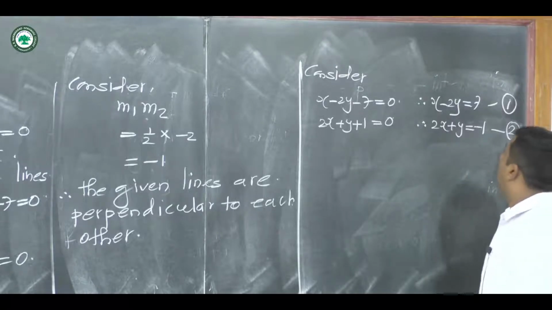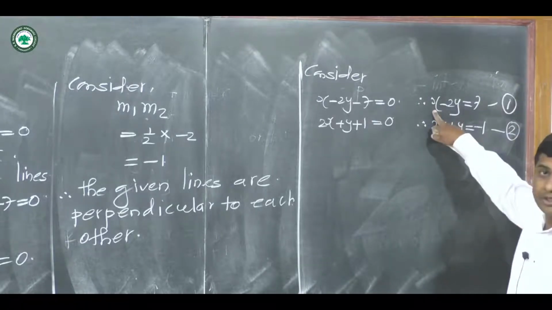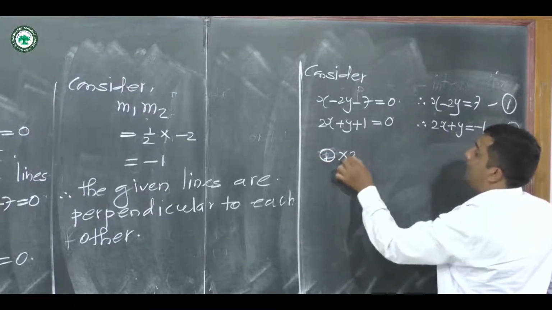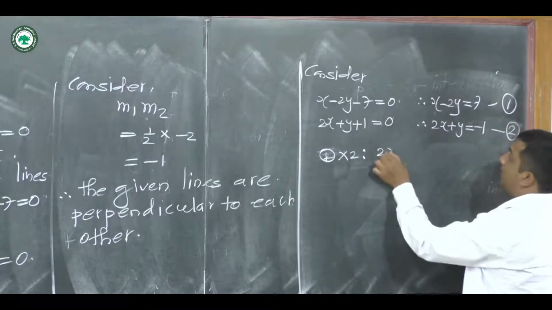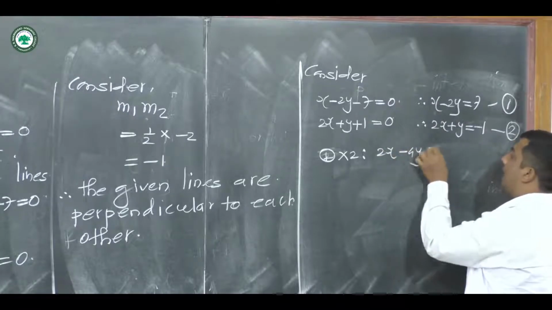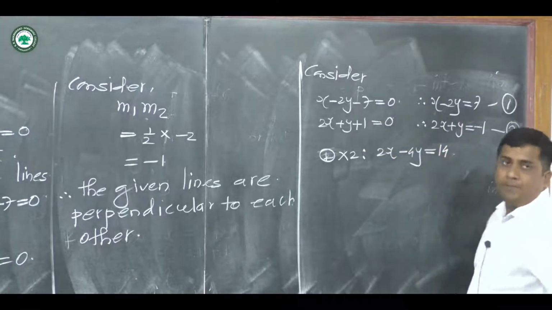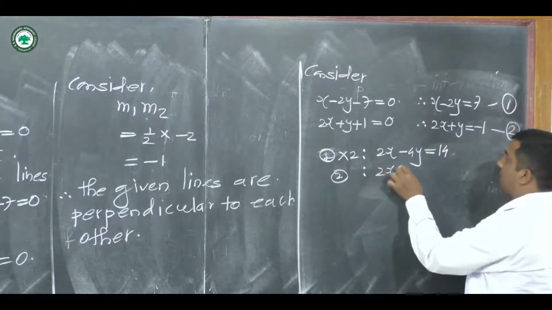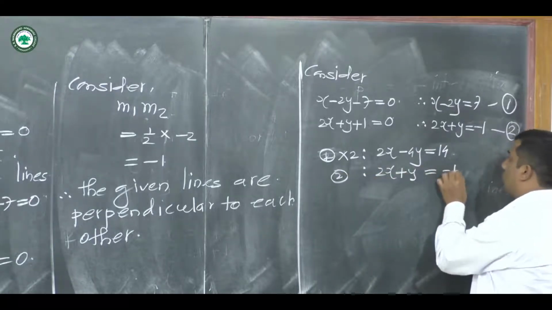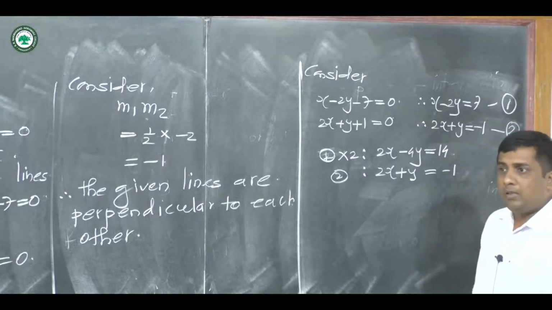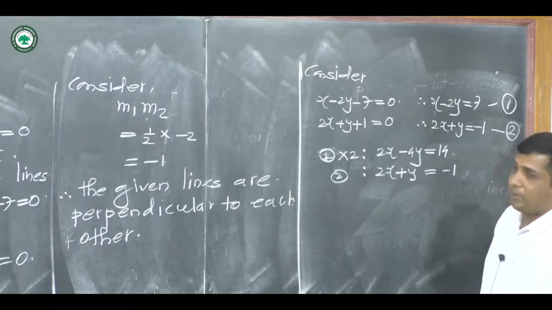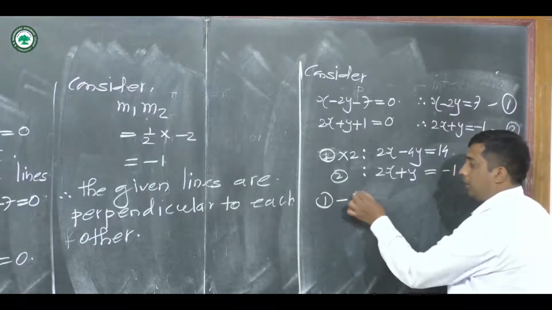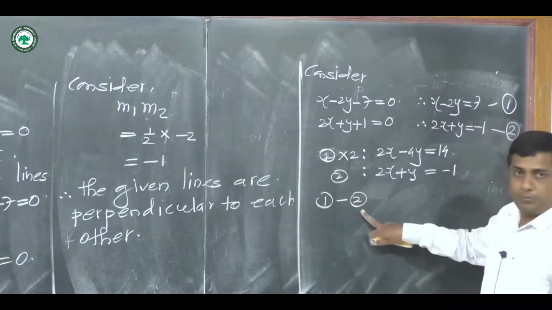To solve, firstly we multiply the first equation by 2. Then we get 2x minus 4y is equal to 14. The second equation stays as it is, 2x plus y is equal to minus 1. Here we consider subtraction, subtracting 1 from 2.